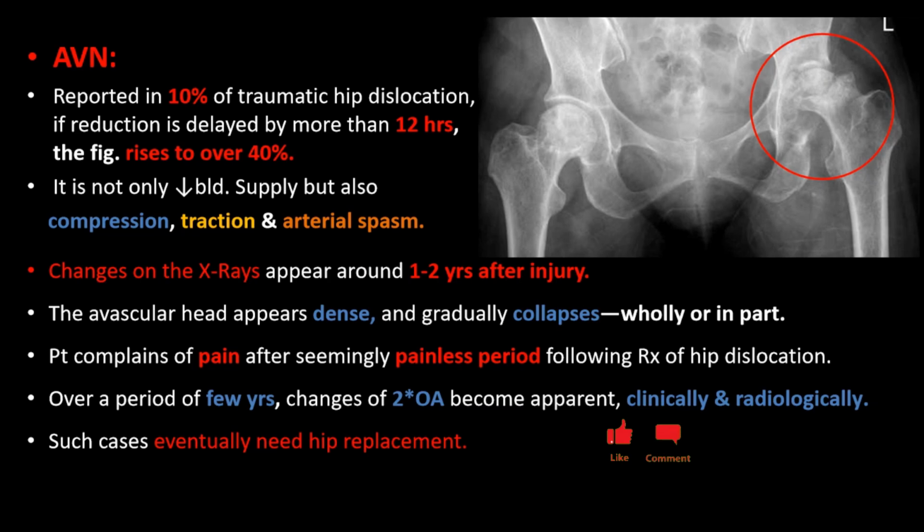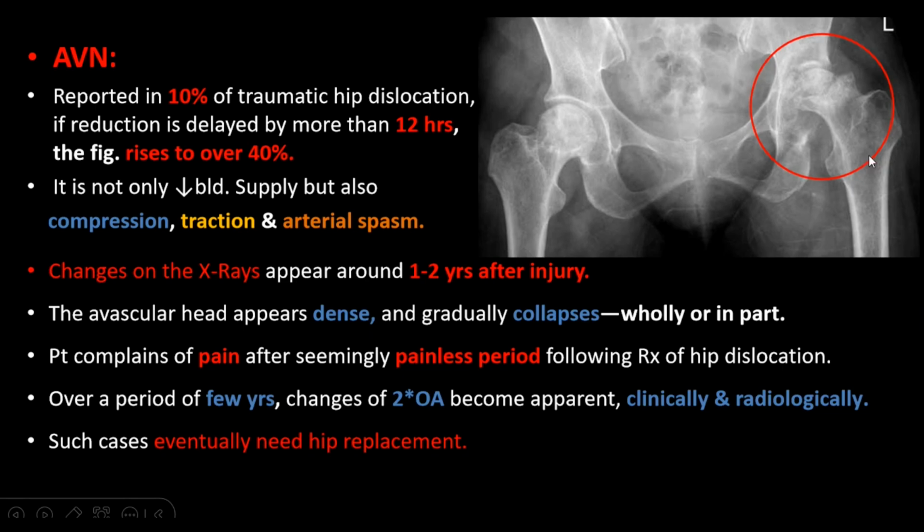The patient will complain of pain after a seemingly painless period, because initially the changes were at the micro level, but gradually they appear at the macro level. So the patient will say that there was a painless period, and after some time the patient starts complaining of pain. So over a period of a few years, there will be changes secondary to osteoarthritis, and these changes become apparent clinically as well as radiologically.